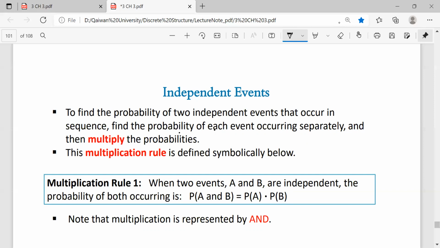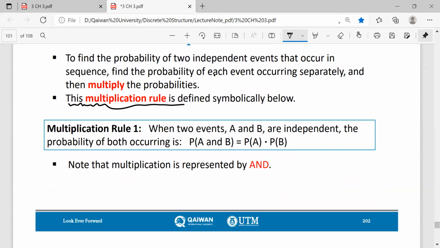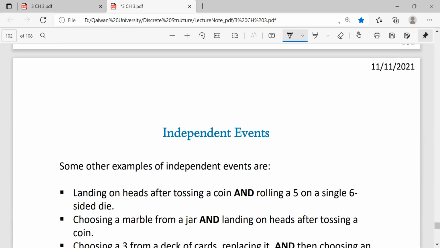We get the probability of A intersection B. This multiplication rule is defined symbolically: probability of A and B equals probability A times probability B. We find probability A and probability B separately, then we apply the results to get the probability of A and B, or probability of A intersection B.